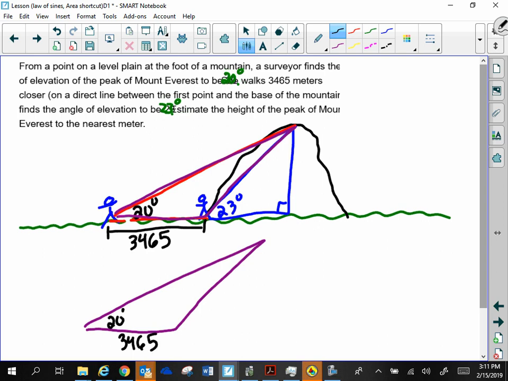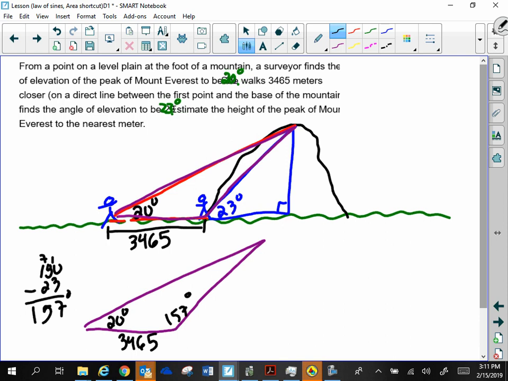this side is 3,465. I know this angle is 20, and this angle right over here is going to be 180 minus 23 because it's a linear pair, so I come up with 157 degrees for this angle.